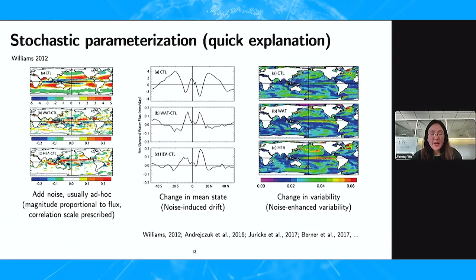And the hope is by having learned a representation of uncertainty that is state dependent, we could further refine this stochastic parameterization of air-sea fluxes. And we could use that to study if there will be a change in mean state and variability once we implement a stochastic representation of air-sea flux.